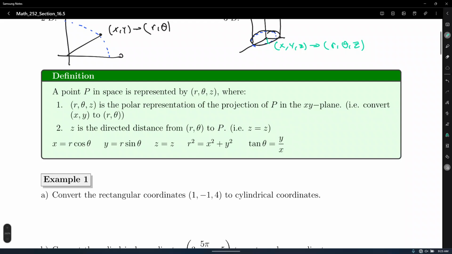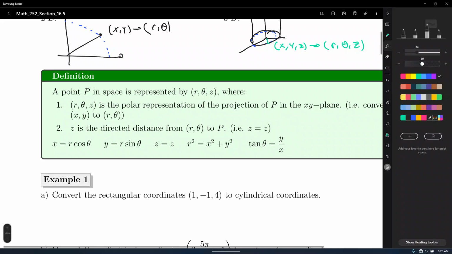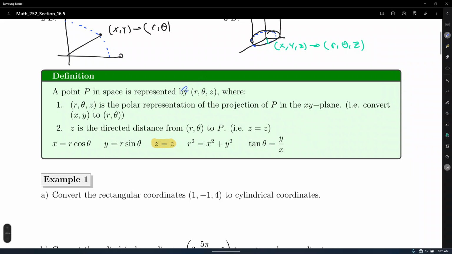That doesn't change. Actually, if you look at the conversion formulas, they are exactly the same ones from the world of polar. There's no change at all because z is still equal to z. That makes it easy to work with.